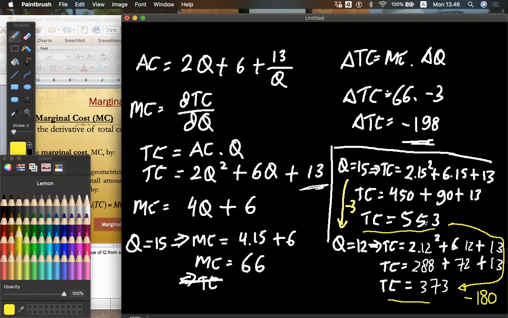If we calculate it using the differentiation, we have about minus 180. But if we calculate it using the marginal cost, which one? Using marginal.